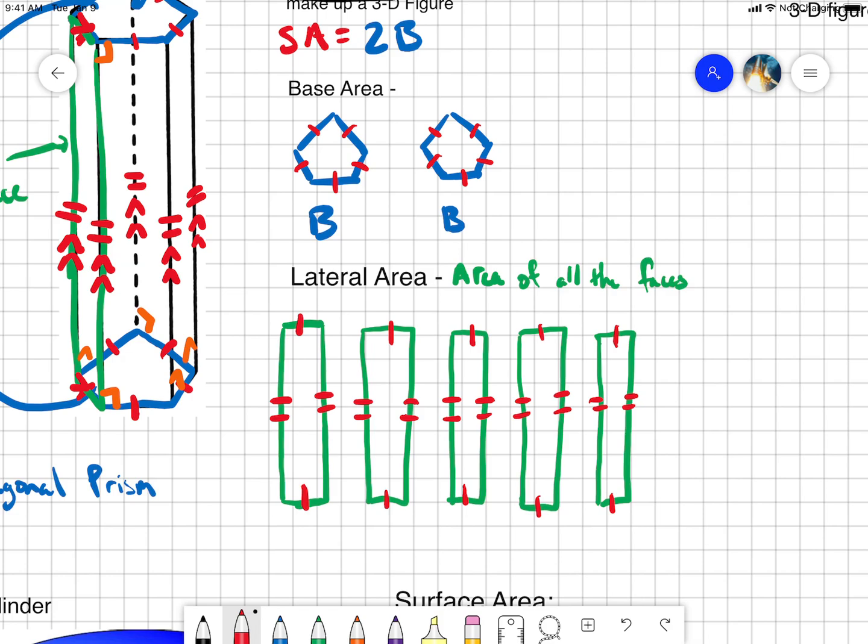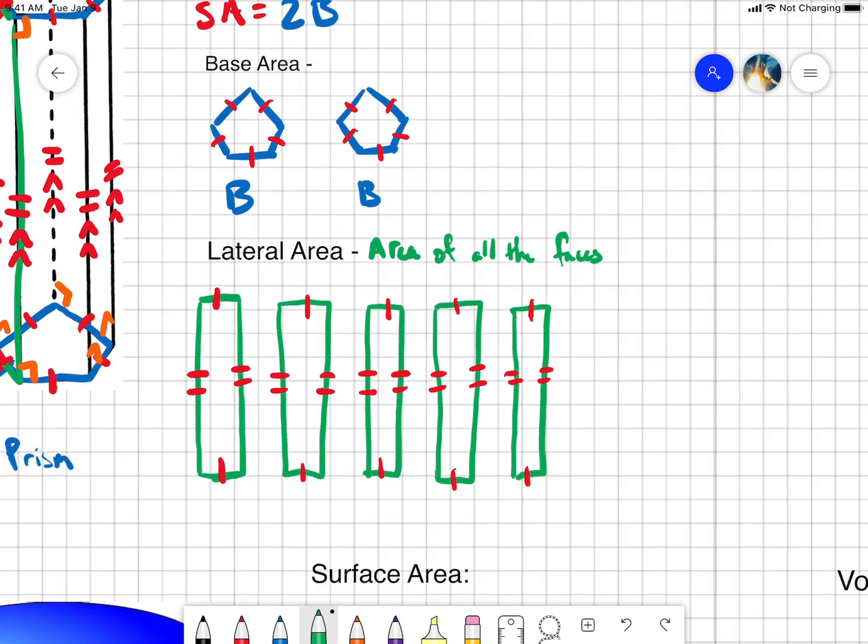So essentially, if I think about my lateral area, call it L, and look at the area of each one of these, the area of this one is base times height. This part right here is my base, this is my height.